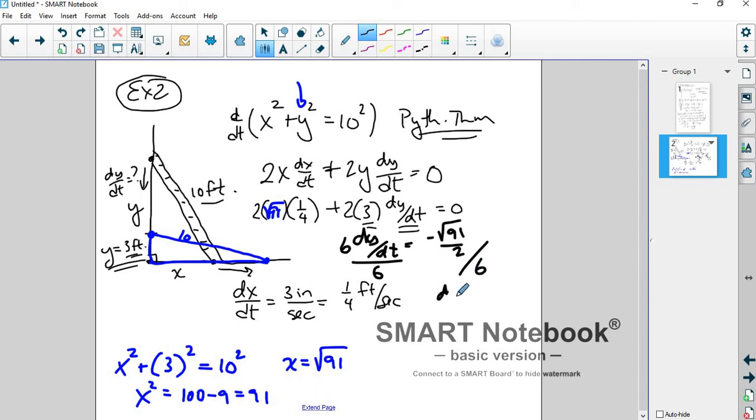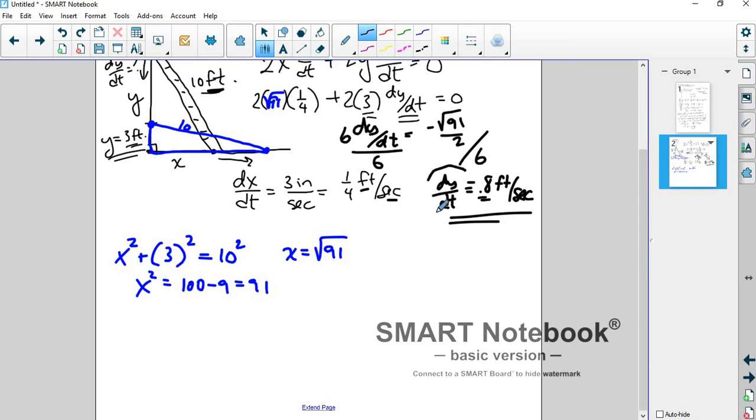And so we get dy dt equals, plug this into your calculator, about 0.8 feet per second. Remember that we changed to feet per second because these measurements were in feet, so we've got to keep that in there. But it's negative 0.8 feet per second. That makes sense because it's going down once again. Okay, and again, negative makes sense, and that's your answer.